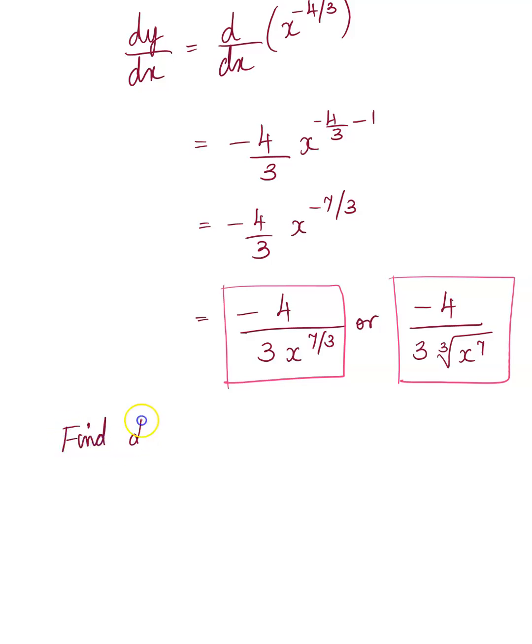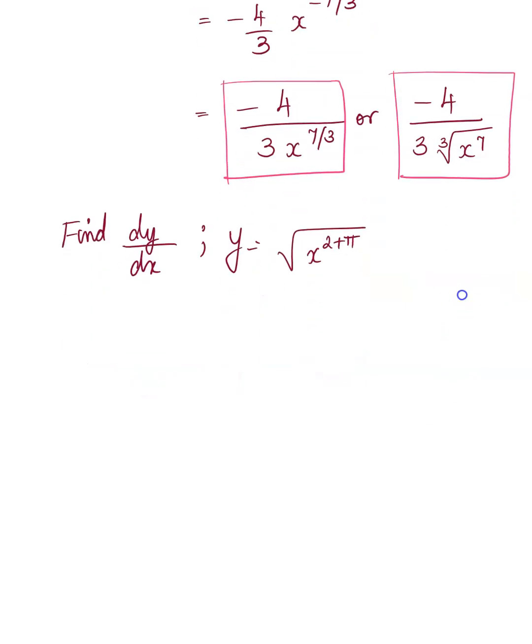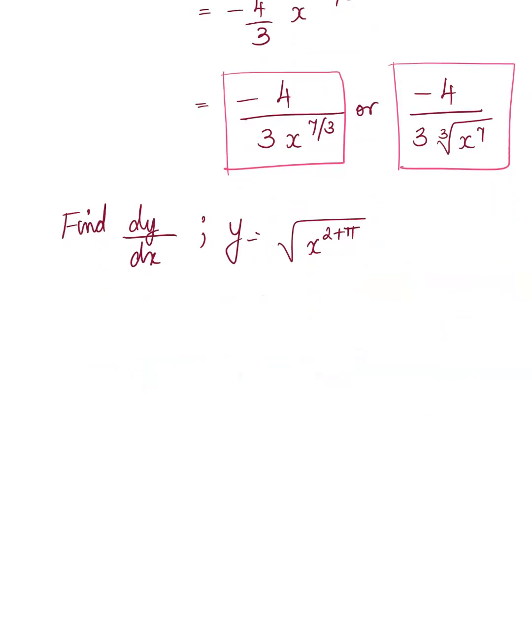The next one says find dy over dx, where y is square root of x power 2 plus pi. Now this is a question where you have to rewrite this in a form that is manageable first before you can apply the rule, because right now there's no rule with a radical like that, right?